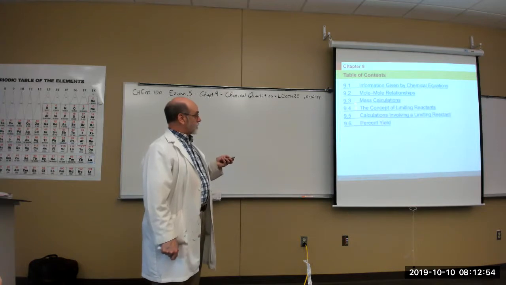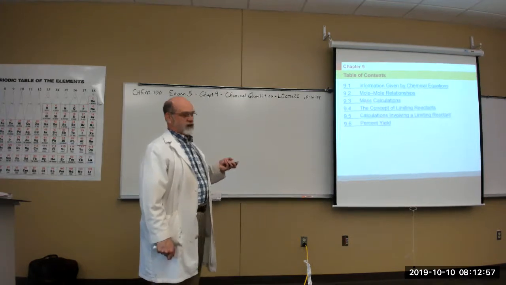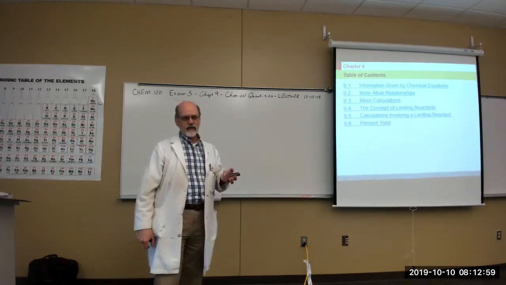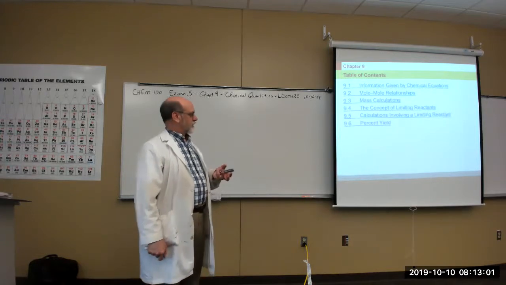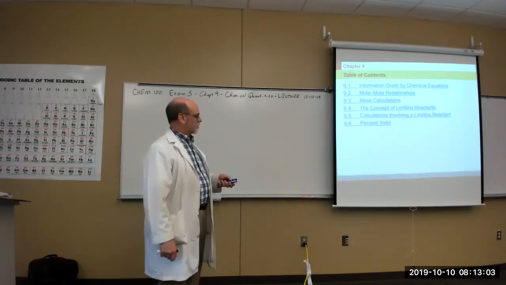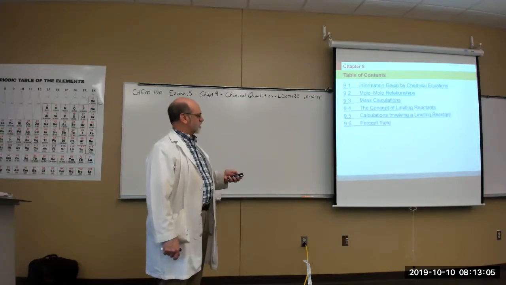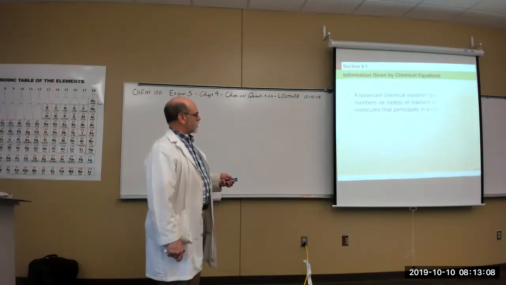And then we're going to look into mass calculations, and that's got a fancy term called stoichiometry. But I'll give these things to you in detail. So rather than define these things, let's get on into the meat of the subject here.